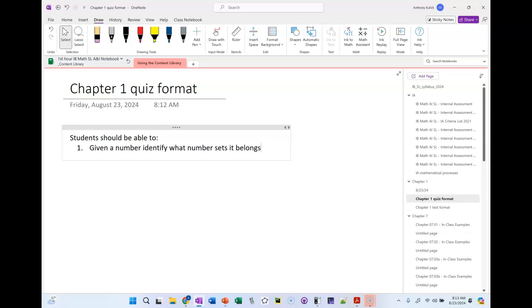Natural numbers, integers, rational numbers, real numbers. Okay, natural numbers. Anything else? Integers also. Real numbers. It's also a rational number, right? Because you can write it as 8 over 1 or 16 over 2. So it's all of them. That's what you'll be doing. One question will be like that. I'll give you a couple of numbers, with A, B, C, or D parts, but it's just can you recognize where each one belongs? Cool. No big deal.